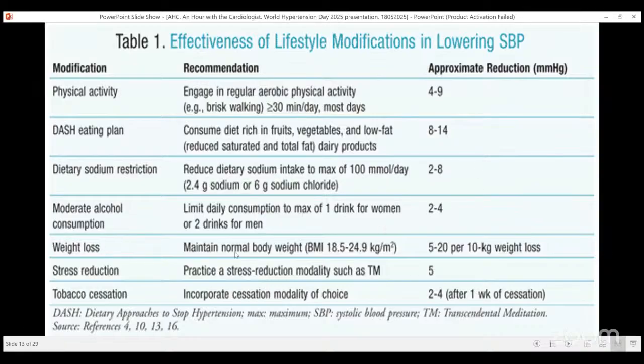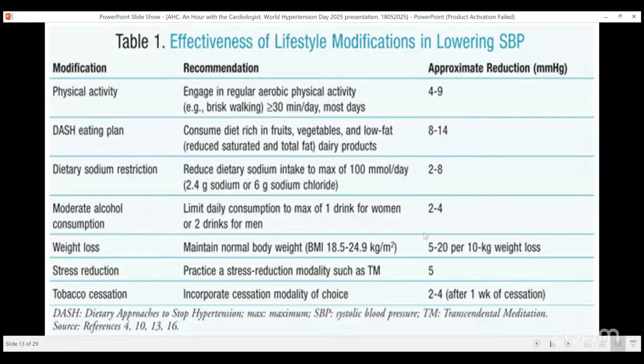Weight loss. Maintain normal body weight. The normal body mass index is between 18.5 to 24.9. In some quarters it is 20 to 24.9, but the cutoff should be 24.9. 25 and above is overweight. So 25 to 29.9 is overweight, and 30 kg per meter squared is obesity.